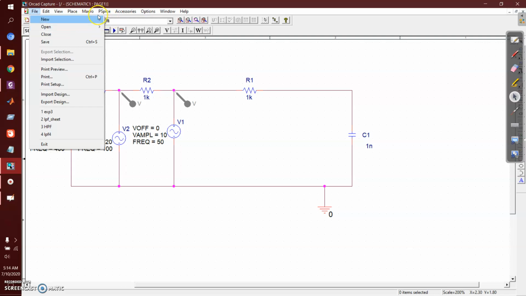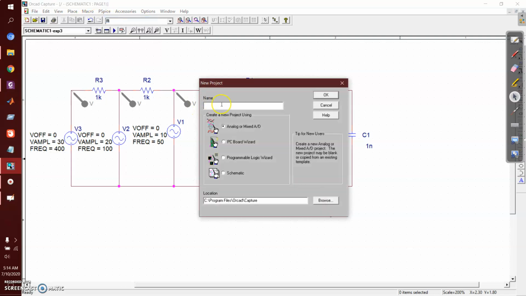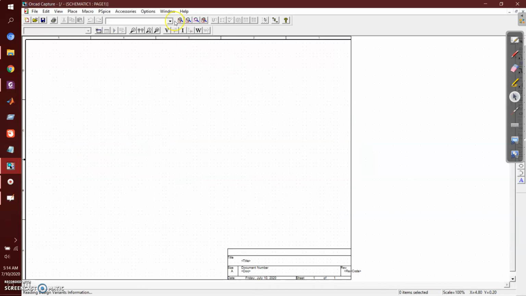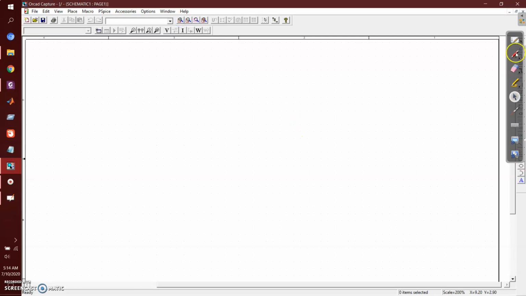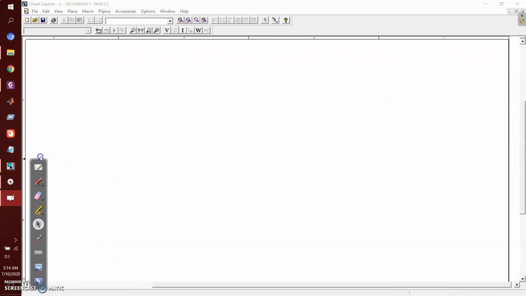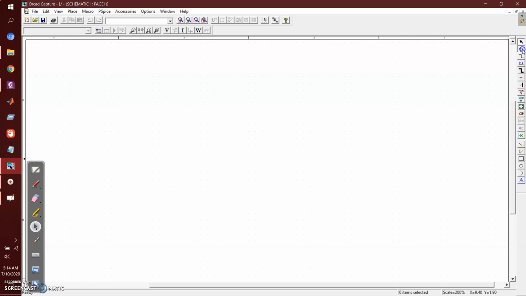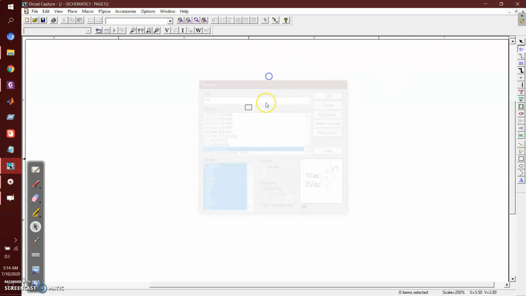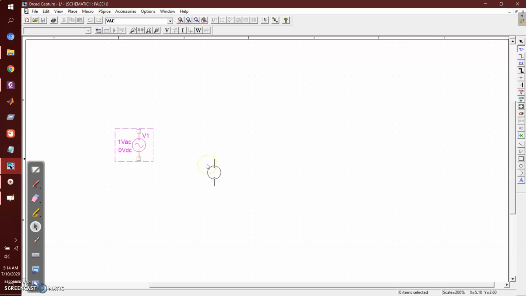So try to do this now. Go to project, and let's name it LPF1, and create a blank project. Now, go here and take VSIN, that will be my input wave signal.